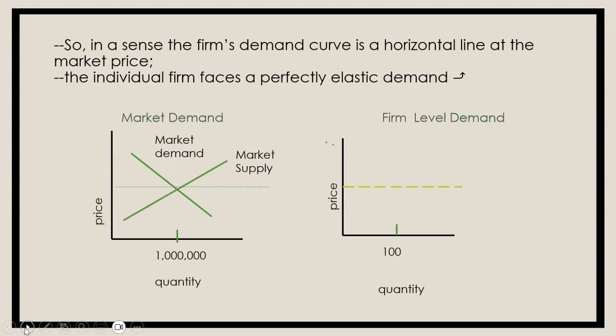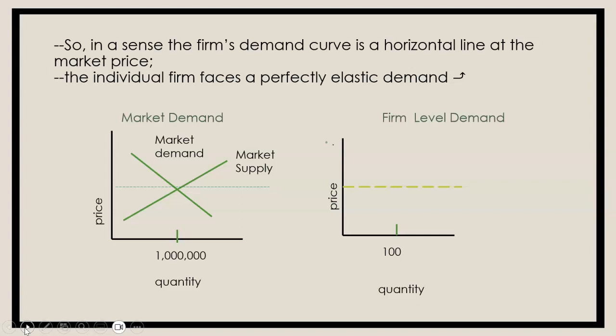Okay, here's another way of looking at this situation. Remember, in a sense, the firm's demand curve is a horizontal line at the market price. Over at the left, we have the supply and demand curves for the market. There's a market supply curve, a market demand curve that determines the market equilibrium price and the overall quantity. So we've got a price there that's set by the intersection and a quantity that's about 1 million units for the market.